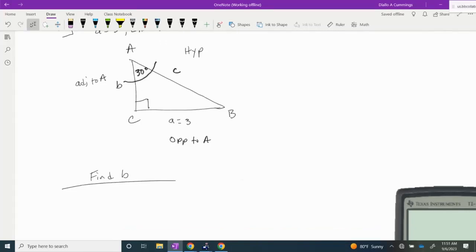Now, if we want to find angle B, or excuse me, side B, what trig function must we set up? Let's take a look at what information we have. We're trying to find side B, and that's the adjacent, so we have to include the adjacent as part of our trig function. We know the hypotenuse, and we know the angle measure.